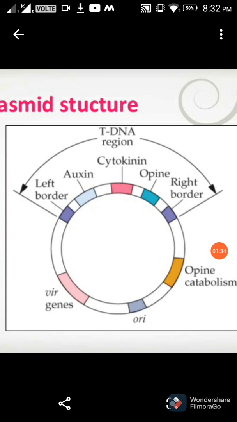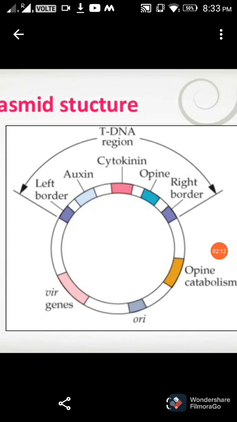So that means when the plant is wounded, it produces some chemicals. Then these chemicals activate the Vir genes. Then these Vir genes facilitate the transfer of the tDNA region inside the plant genome. And due to the presence of the genes for auxin and cytokinin as well as opine, what are opines? They are specialized amino acids which act as the source of nutrients for bacteria, right?